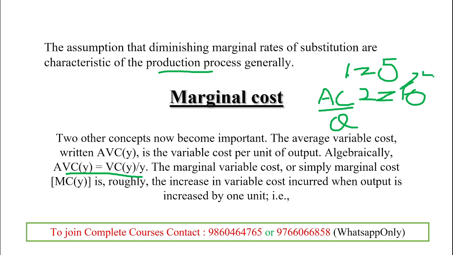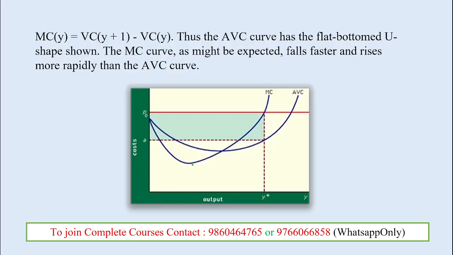So 5 is the marginal cost here, or simply the variable cost increase incurred when output is increased by 1 unit. Okay, then it is the MC and AVC. MC cuts AVC from below, as we can see from the graph.